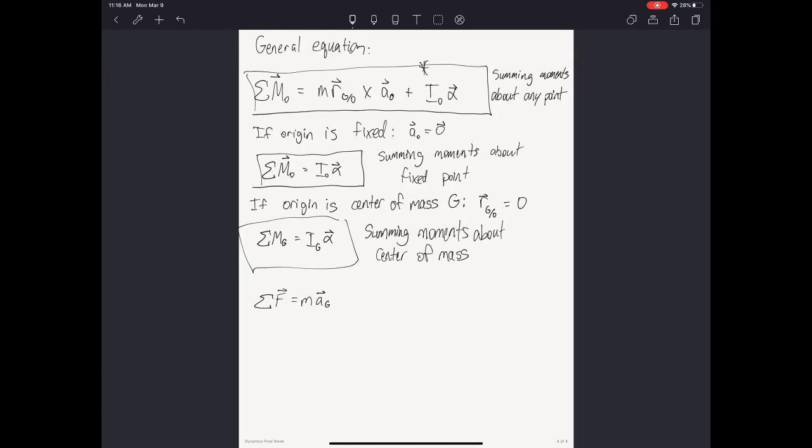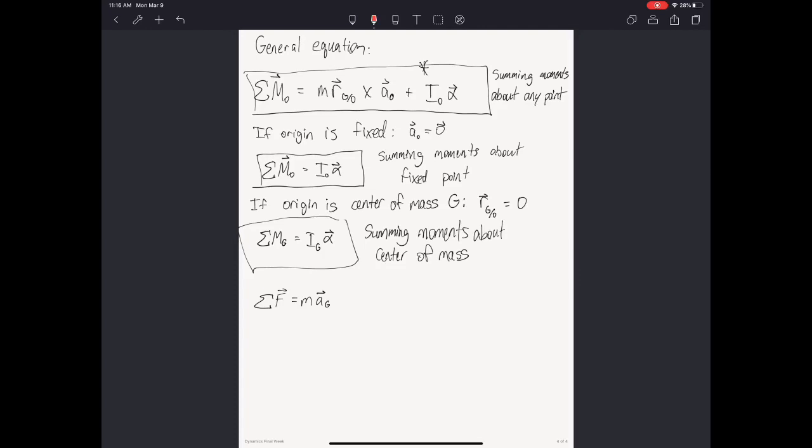The top equation, the general moment equation, the one with the asterisk on it, is not in a convenient form because it's in terms of the acceleration of the origin. If we use Newton's second law to find the acceleration of the center of mass, we don't know the acceleration of the origin, and then we have to use kinematics, the chapter 16 stuff, to figure that out. And it's just not great.